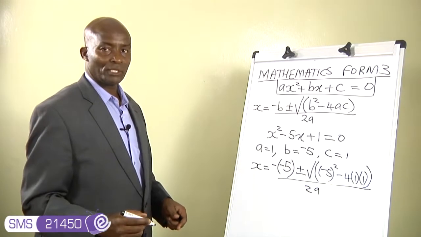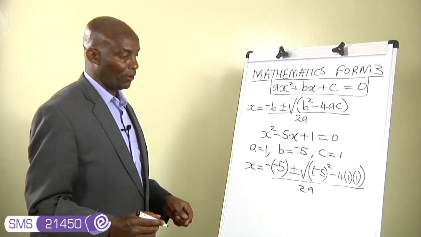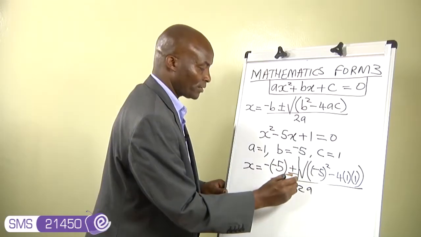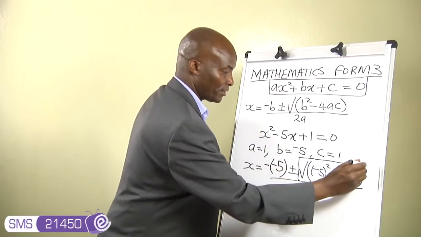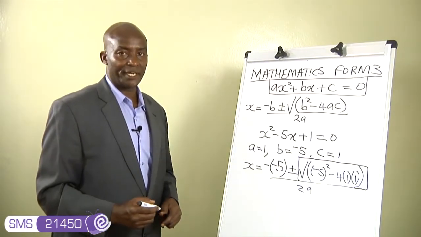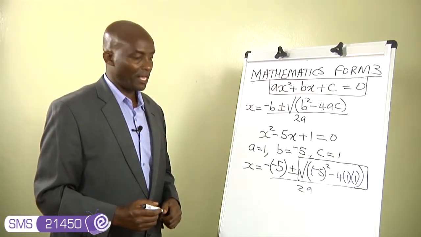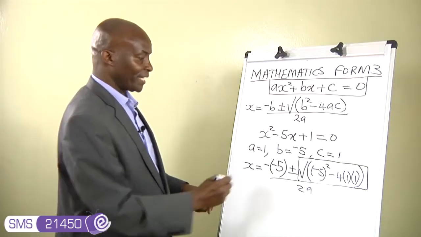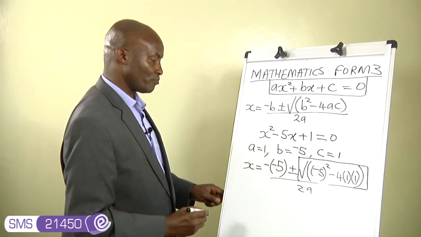Now, the most important part of this quadratic formula is this part. That is the part we are most concerned about in our study of the nature of the roots of a quadratic equation. So let's see how it behaves.